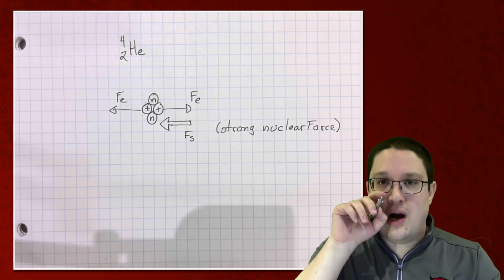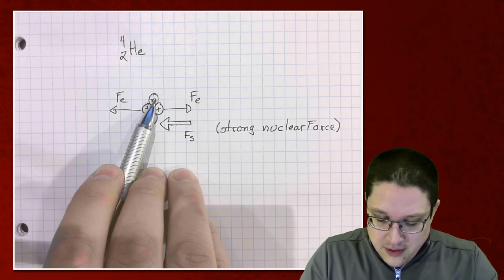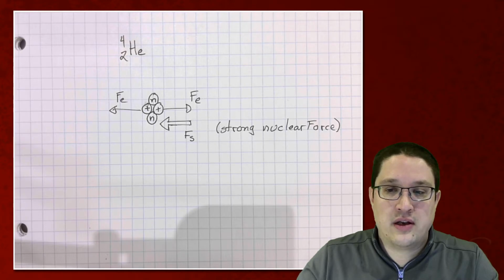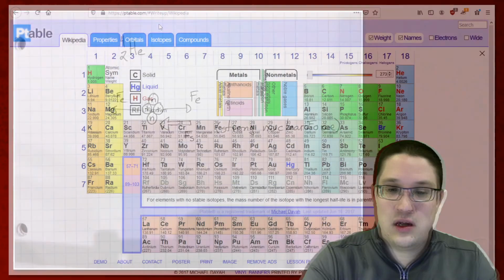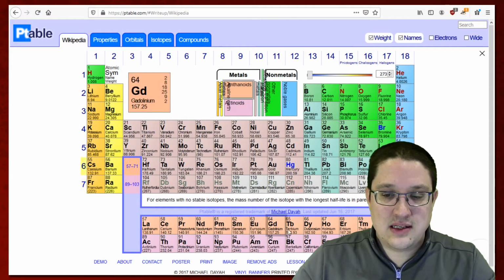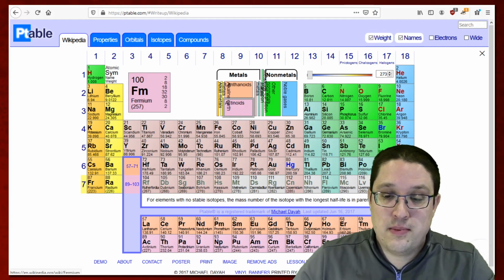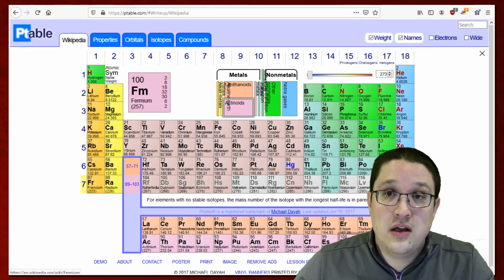And as we go up, you may notice that the number of neutrons increases as we go up our periodic table. If I take a look at my periodic table again, let's take a look at fermium, because the numbers are easy. And fermium has 100 protons, but it has 157 neutrons.